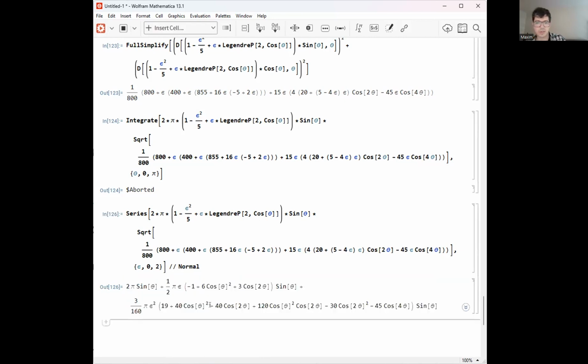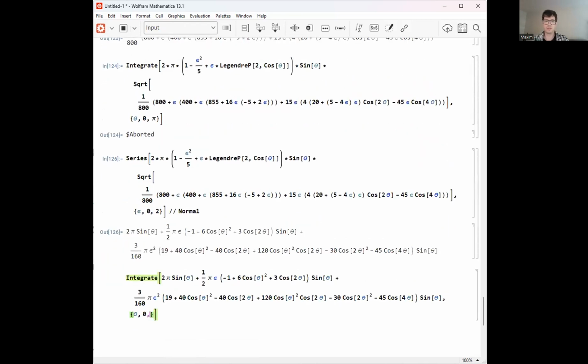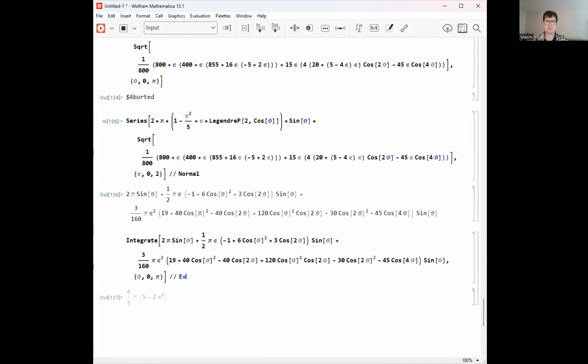So then you take this expression and you can integrate from 0 to pi here. And there you have it. Look at this. You have the first term, 4 pi. We just have it. Do both the terms. So you have 4 pi, which is what we would expect for the surface area of the sphere, plus this correction, 8 pi epsilon squared over 5.